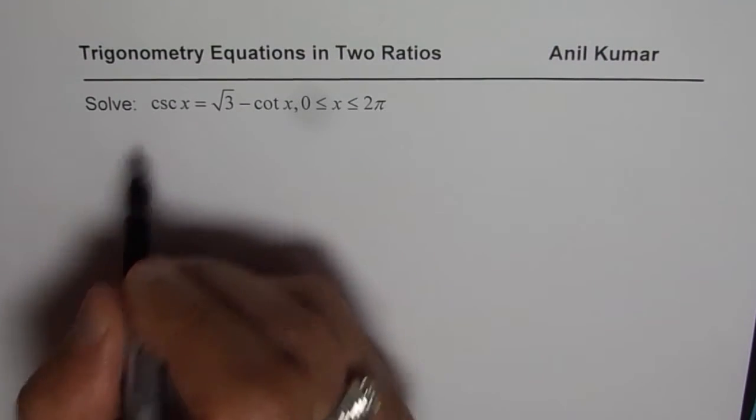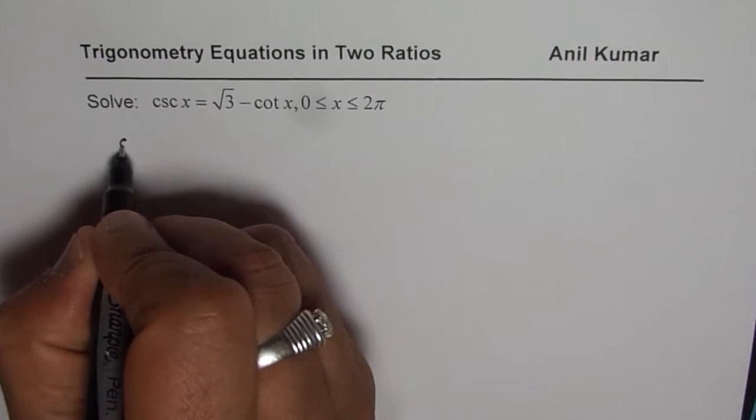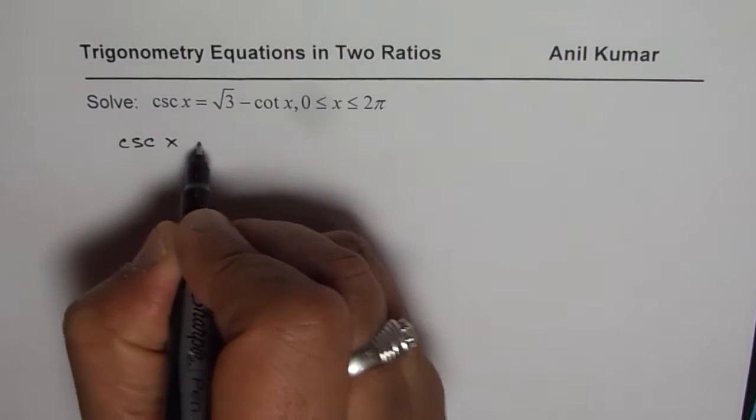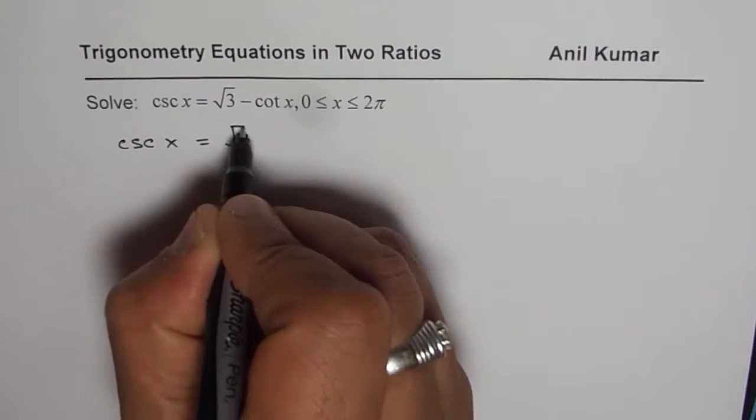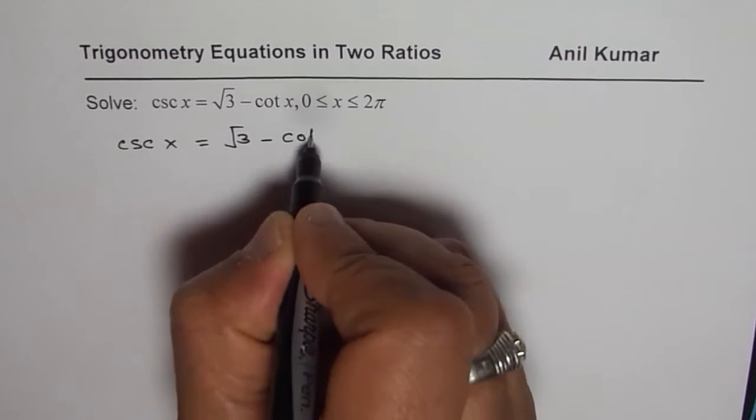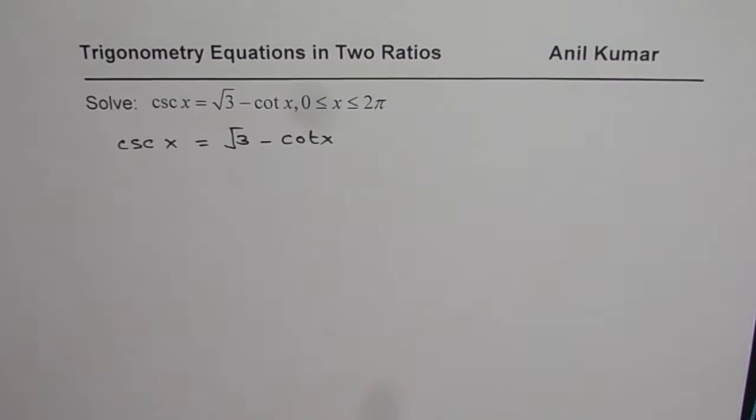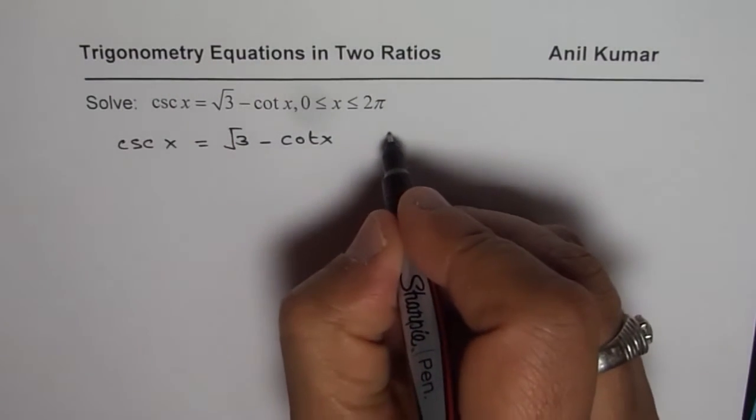pi. Now, as we did in the previous example, we have cosecant x equals square root 3 minus cot x. We'll square both sides. Remember, whenever you square both sides, you add error, right?